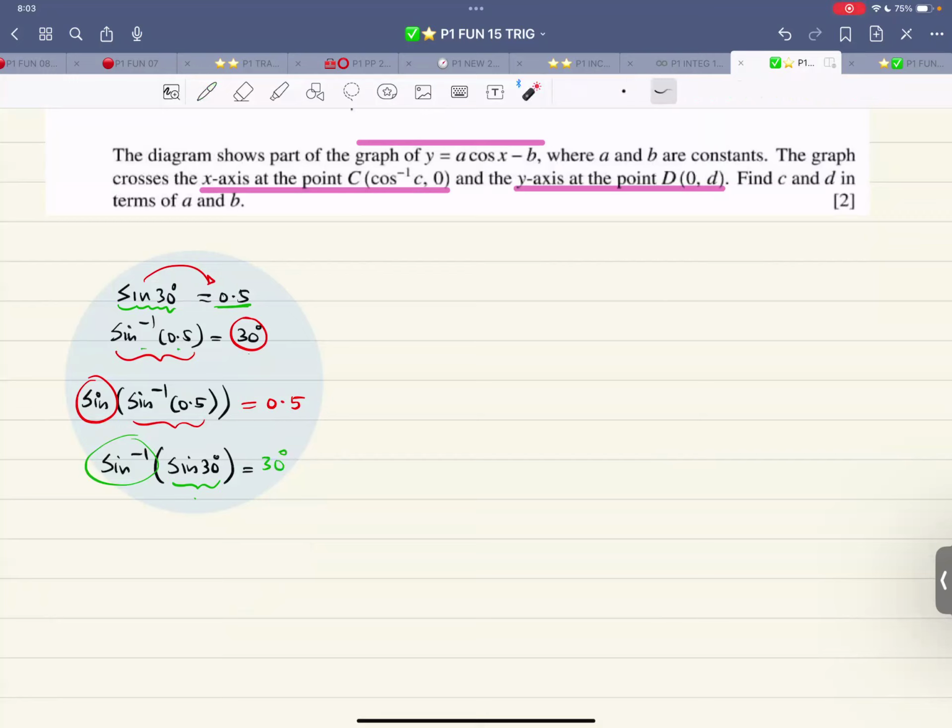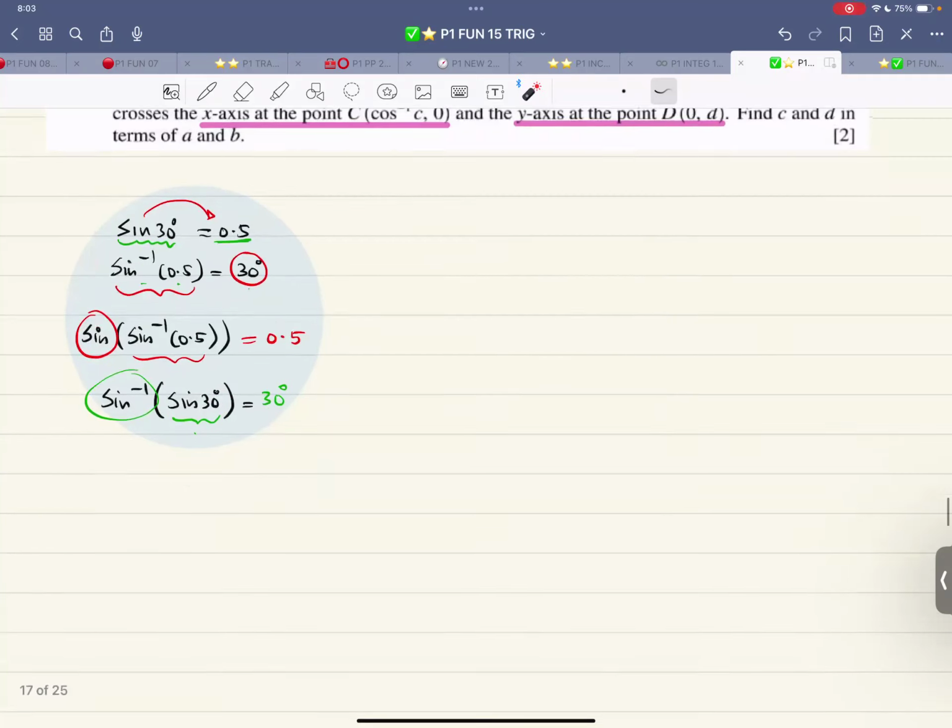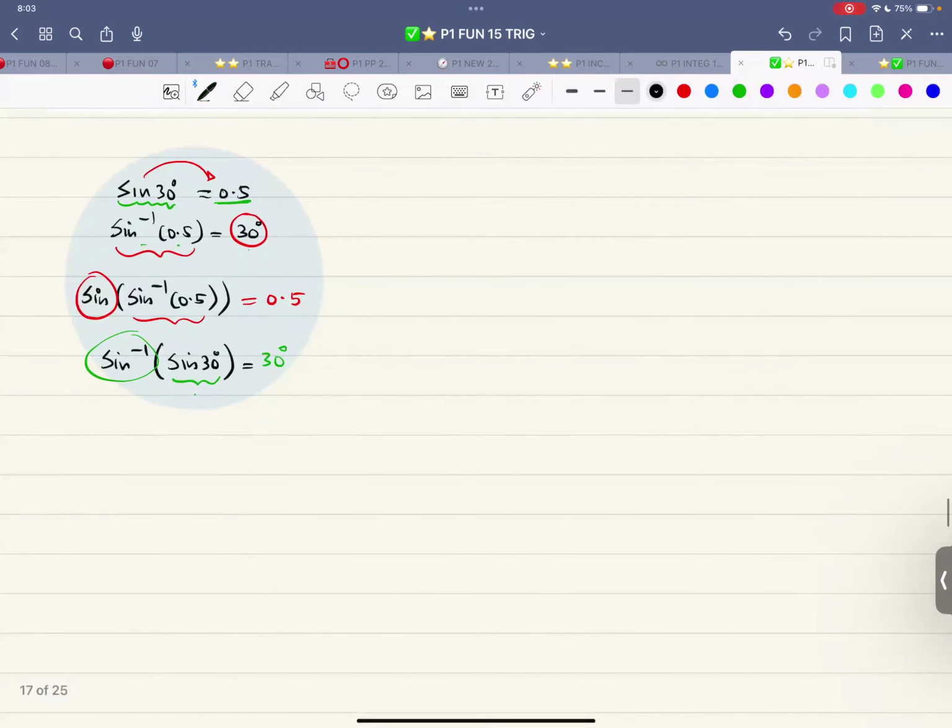That means if there are two functions which are inverse of one another, whatever this value is, that value will be written over here. So therefore, this is a property of composite functions.